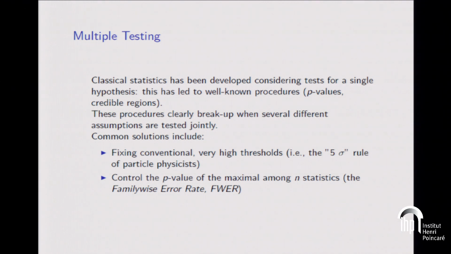If you just fix such a huge threshold, you do not really take into account the multiple nature of the problem. If you run 1,000 tests and maybe half of them give you a 3 sigma value, then it's quite hard to say that 3 sigma out of 1,000 is not significant. It's not significant in one case, but if you have 500, then this is telling you something, even if each one of them on its own is not big. So you really need to take into account the multiple nature of the problem.